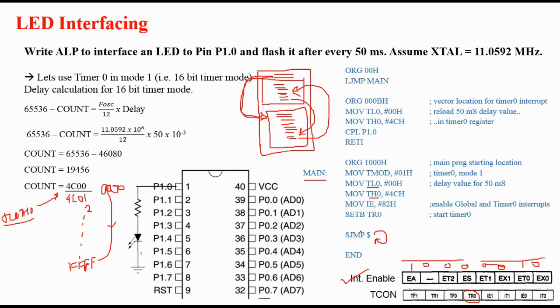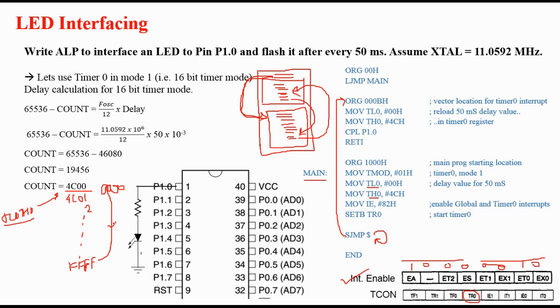The moment the interrupt gets generated, the pointer will jump to the interrupt. Here the timer 0 related interrupt has occurred, so the pointer will jump to that interrupt location, like this. Here we have explained the pointer is jumping to the ISR location. The ISR location is 000BH. It is the location of timer 0.